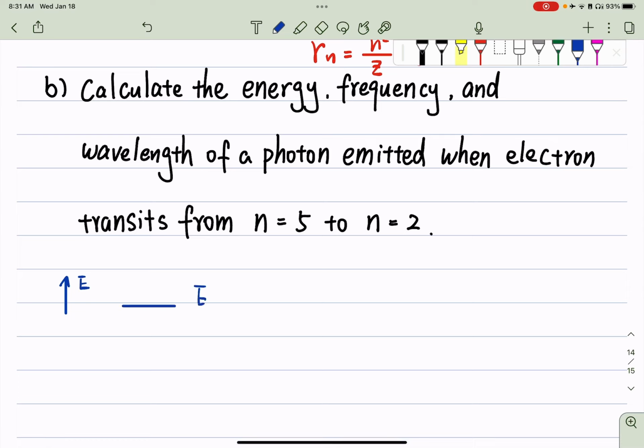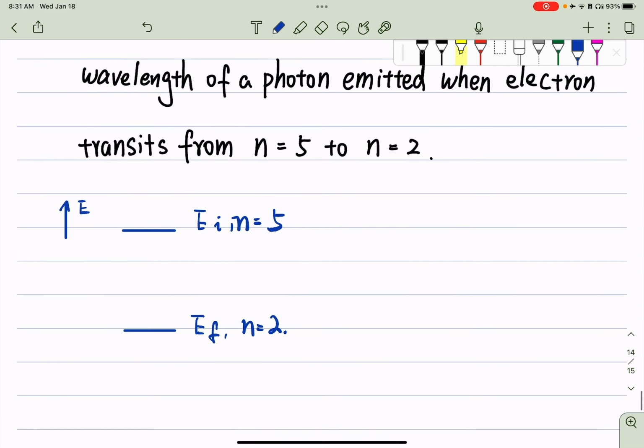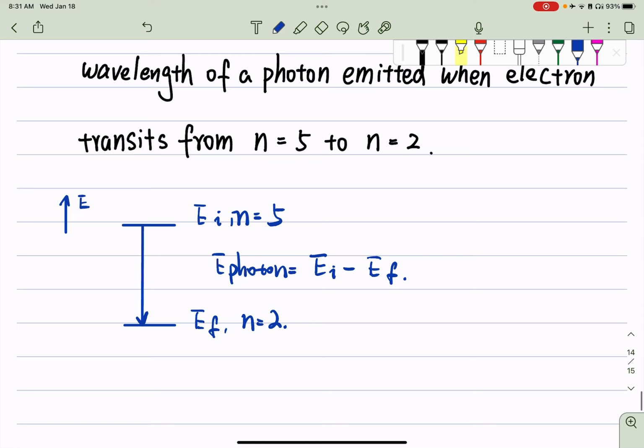By reading the question, we know that the initial state is n equals 5 and the final state is n equals 2. We're talking about the transition here, so E photon equals E initial minus E final.